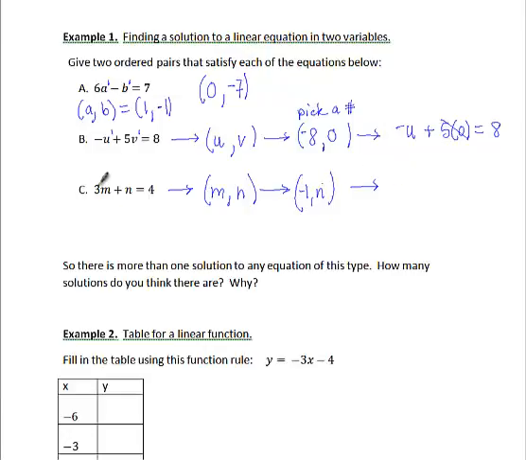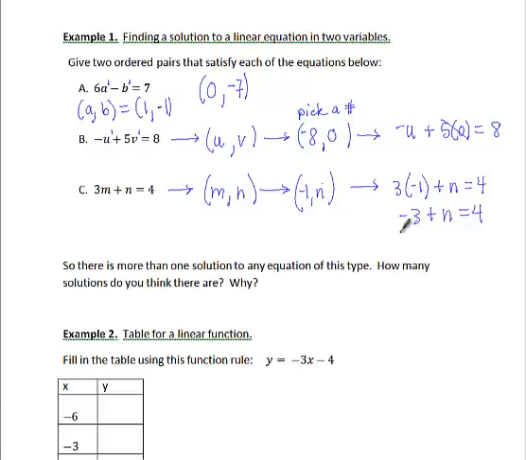I take my equation. 3 times m is 3 times a -1. Alright, and with a -1 in the place of m, we're going to get a different solution now. So 3 times -1 is a -3 plus n equals 4.